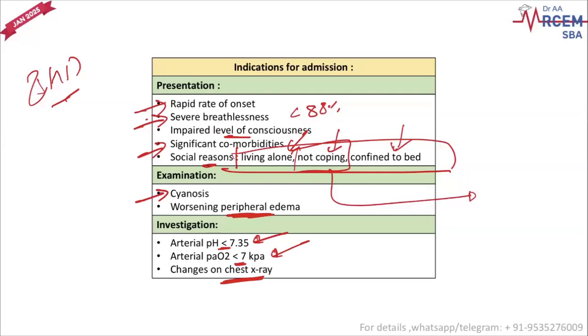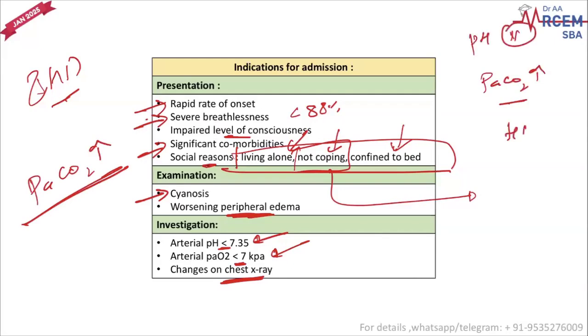At the same point of time, I'm telling you a high value of PaCO2 is not an indication to admit. In a COPD patient, normally if you get an ABG done, the values might be on the higher side. PaCO2 values will be on the higher side, but the pH will be in the normal range because the kidneys would have compensated using the bicarb.